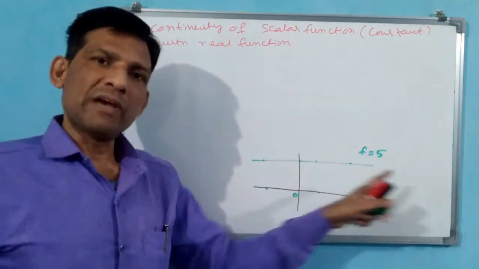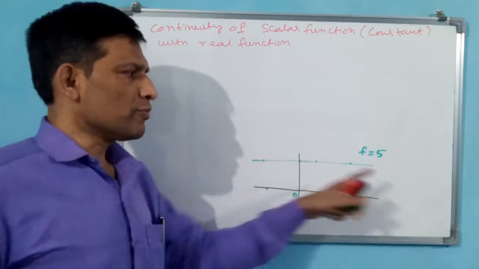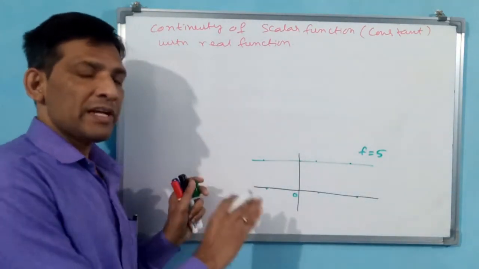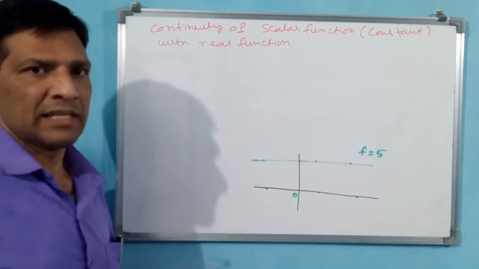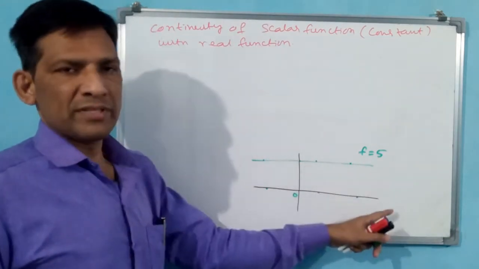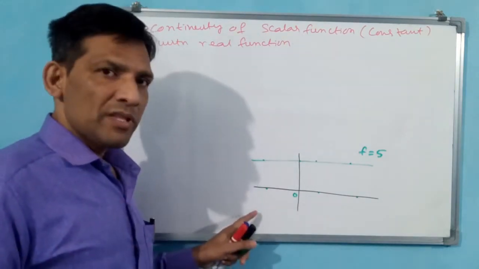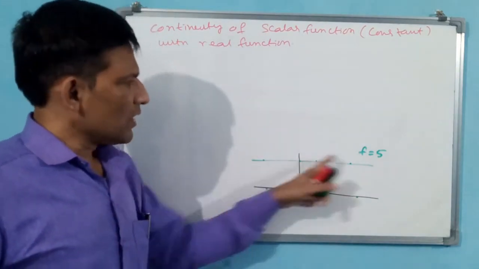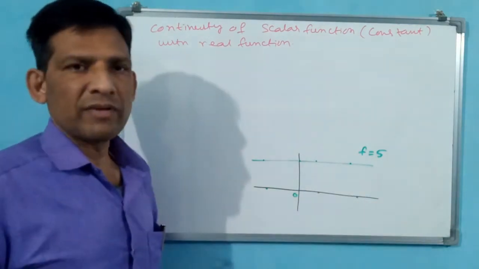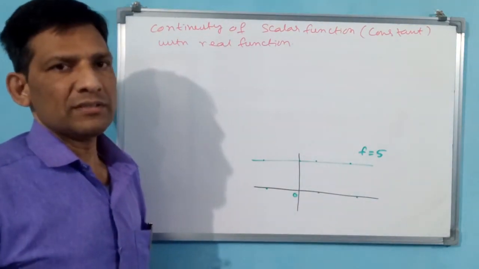From minus infinity to plus infinity, this value is not going to change. But we are talking only about real valued functions, which take values from minus infinity to plus infinity. Whatever input you give, the output of the constant function or scalar function is not going to change. Okay.